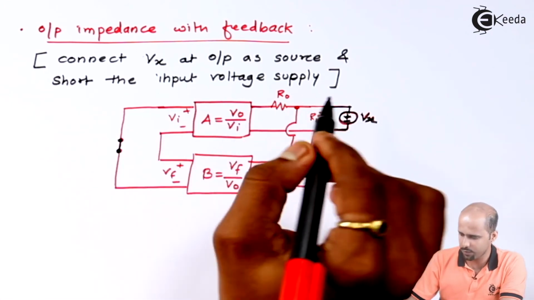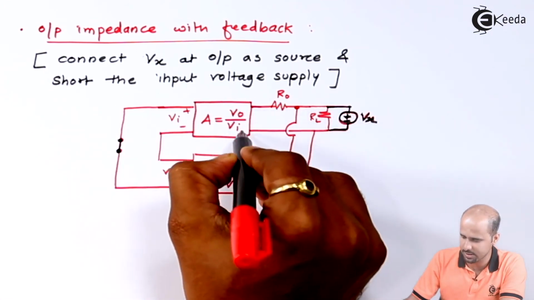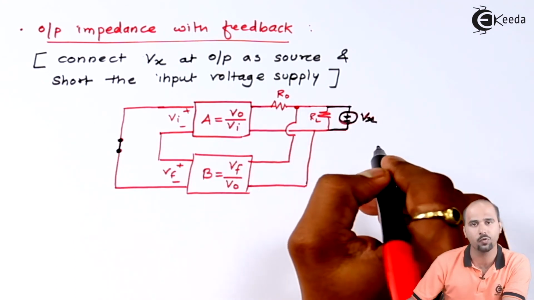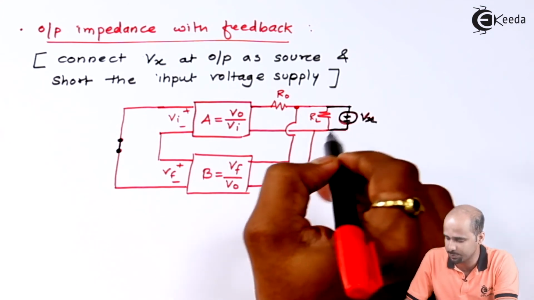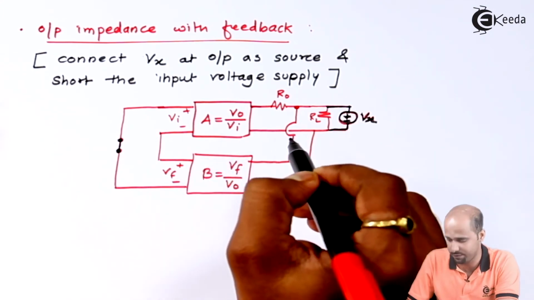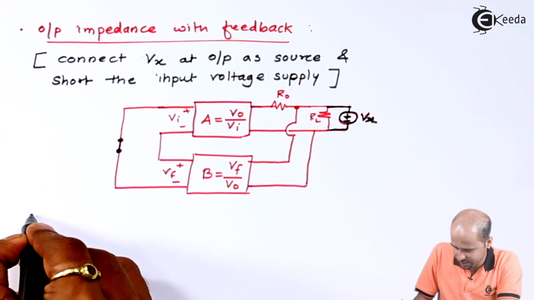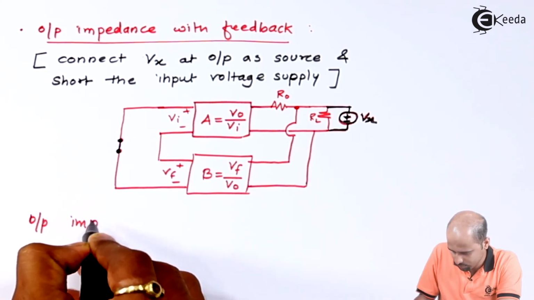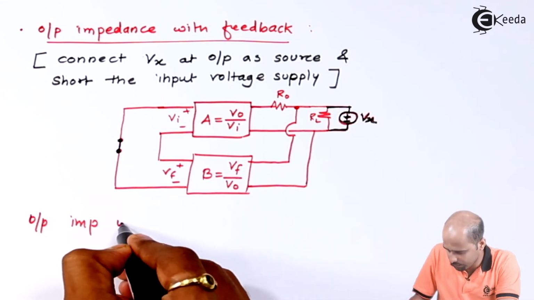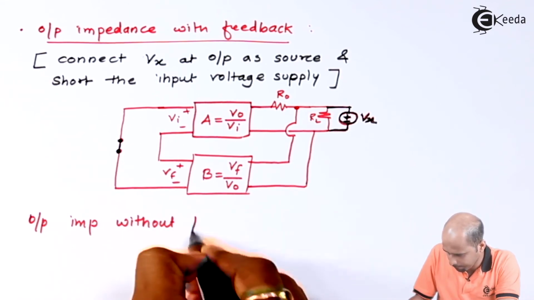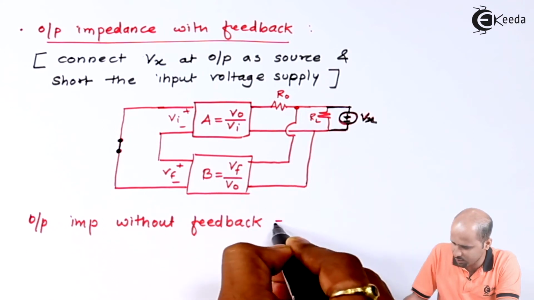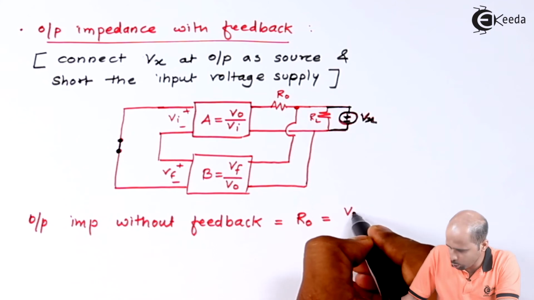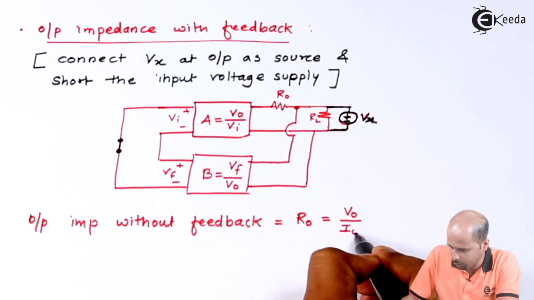Okay, if we have to get this particular KVL, then and only then we'll move further for the calculation of this particular ROF. Before that, we will say that output impedance without feedback is equal to RO is equal to VO divided by IO.